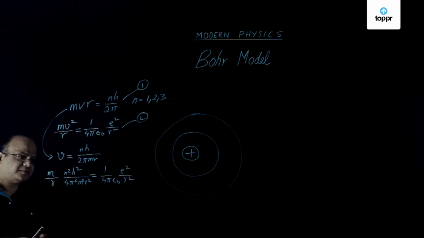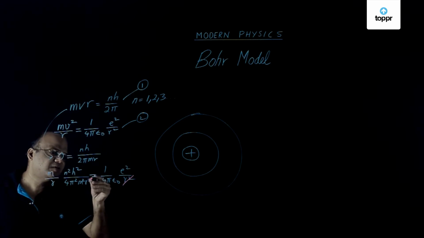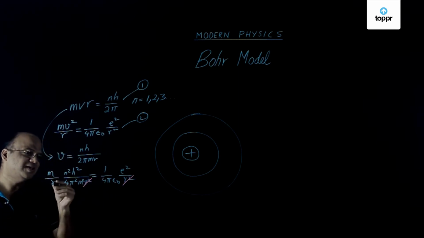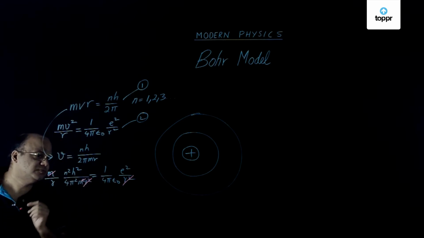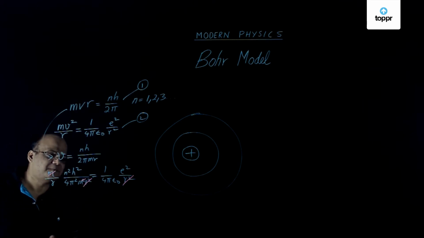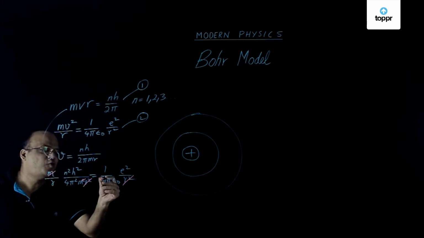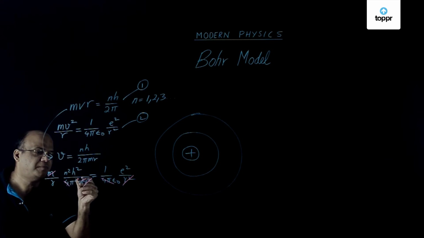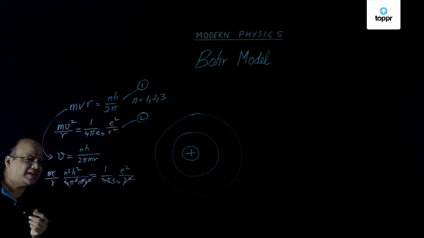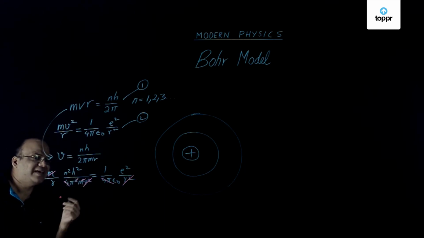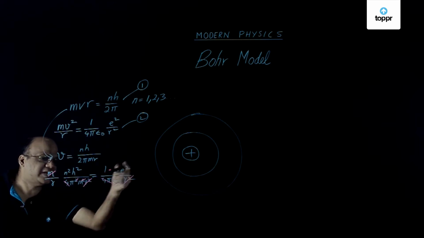Now, what happens here? We can cancel out many things. This r square will get cancelled. One m will go. Then, what else? 4 pi and 4 pi. So, now we can get the equation for r. We take r to that side.